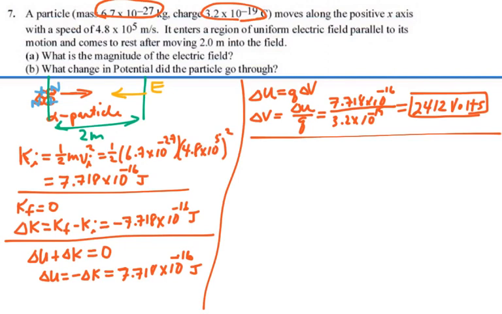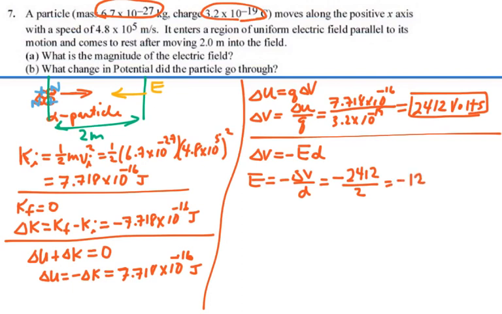Well, we know that the change in potential is equal to negative field times distance for a constant electric field. So the electric field is going to equal the negative change in potential divided by the distance in this case. That is going to be equal to a negative 2,412 volts divided by 2 meters, which would be a negative 1,206 volts per meter.